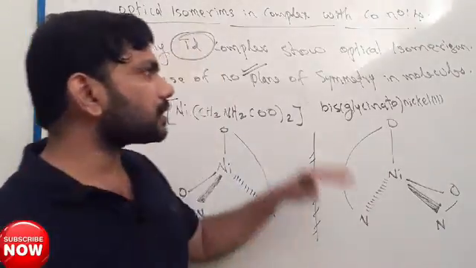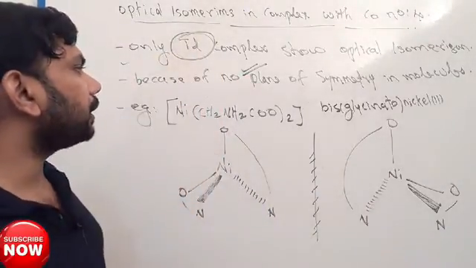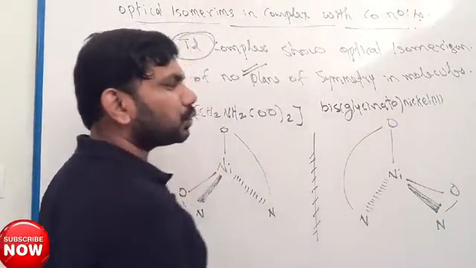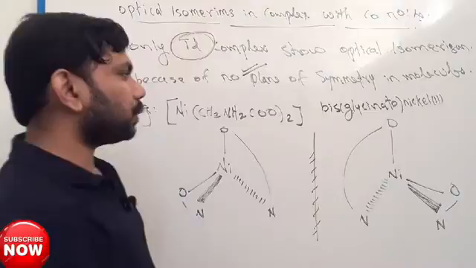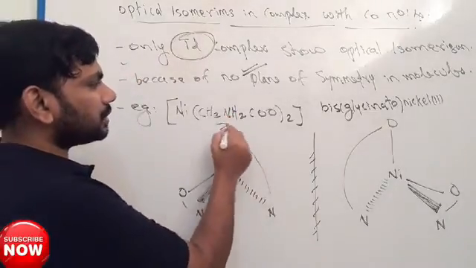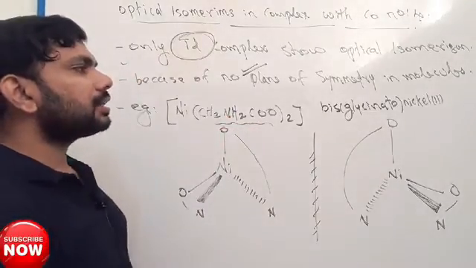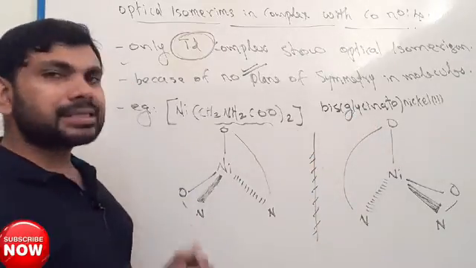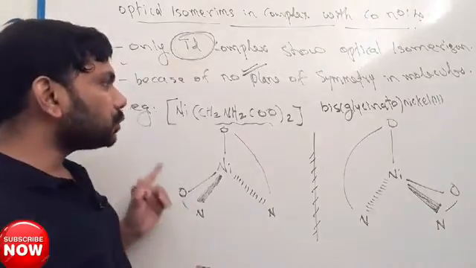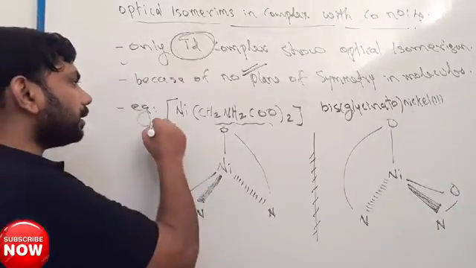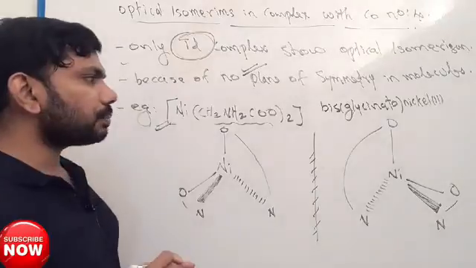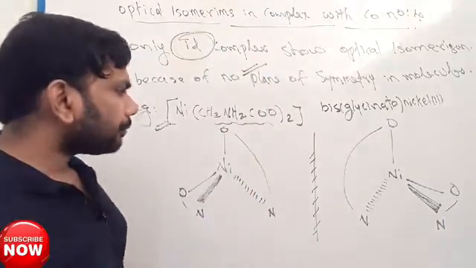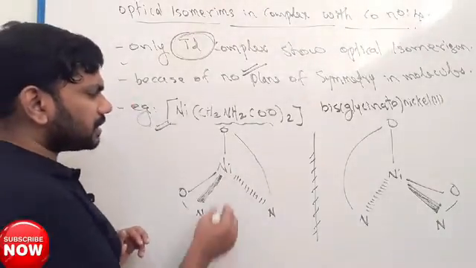Here is an example of such a complex: bisglycinato nickel(II) complex. This ligand is called glycinato, and it is coming twice, that's why bisglycinato nickel(II) complex. This is one example of optical isomerism with coordination number 4. This is the structure.